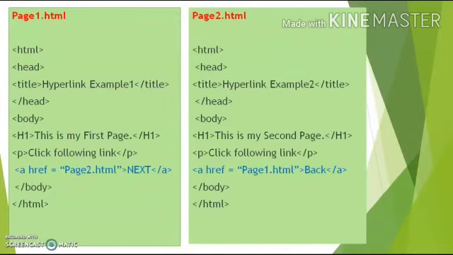Then on page 2, a href is equal to page1.html, back, a tag close. Here href is equal to page1.html because we want to jump on page 1. So the address is page 1 and link on back. So when I will click on back, I will jump on page 1.